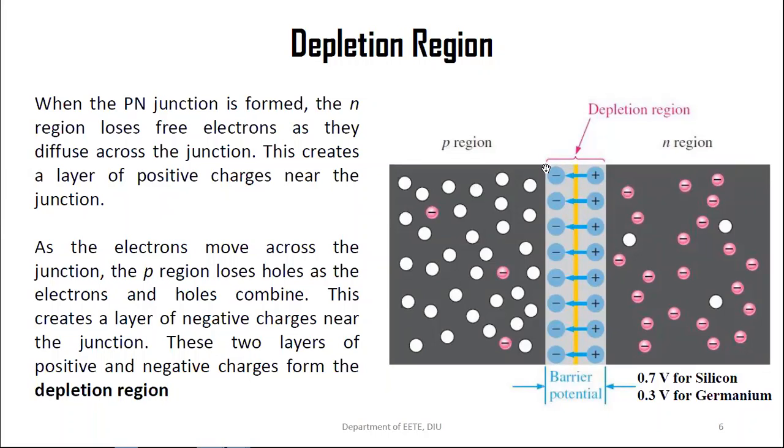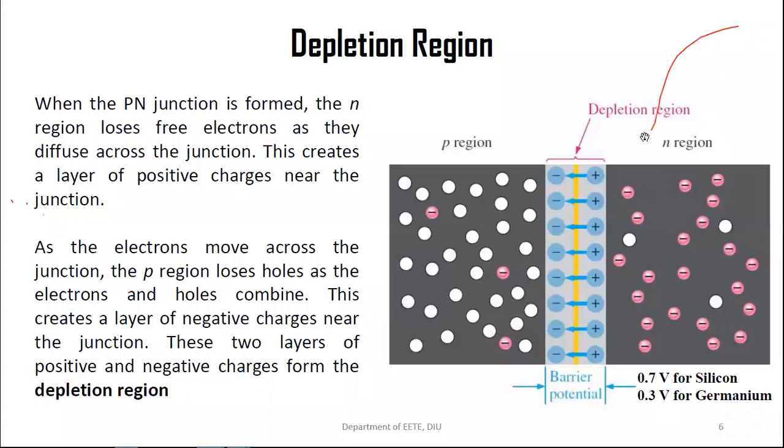So in this region there is no charge available. All the electrons and holes are available in the N region and P region. This region has totally no charge, so it is known as the depletion region. A new region is created, the depletion region.